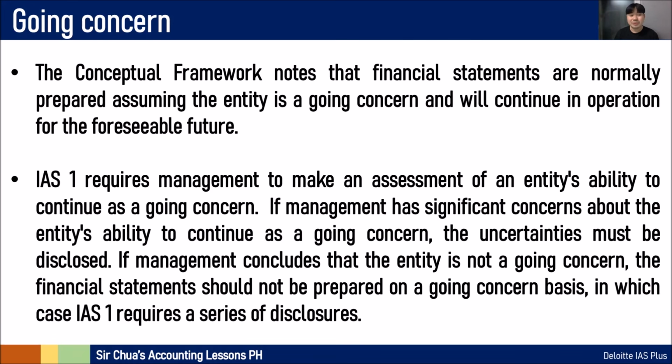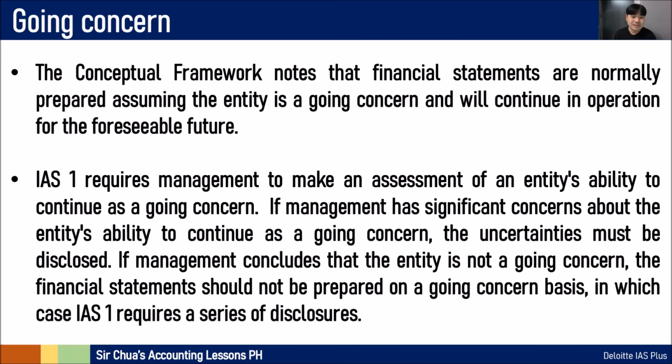So that was a big thing during the COVID-19 pandemic because all sales went down and many entities really closed. So, the best example of this was actually the financial statements prepared in 2020 during COVID-19, because there was really a heavy assessment of the entity's ability to continue as a going concern.